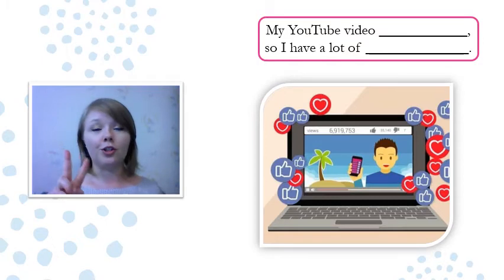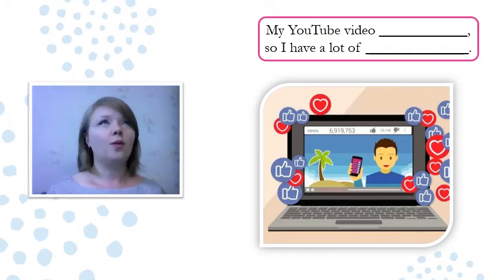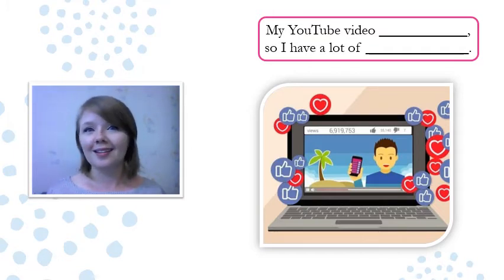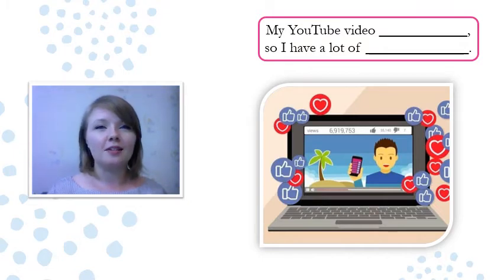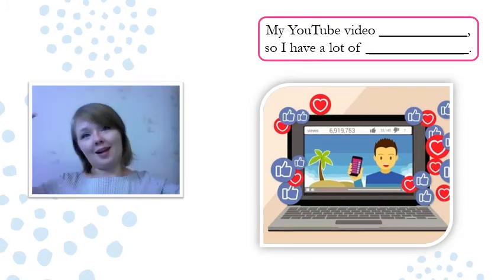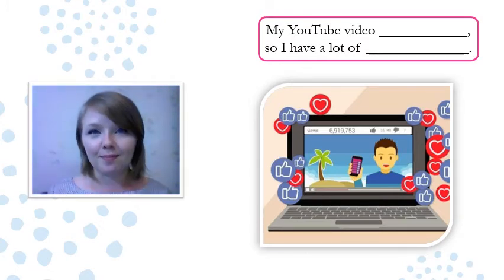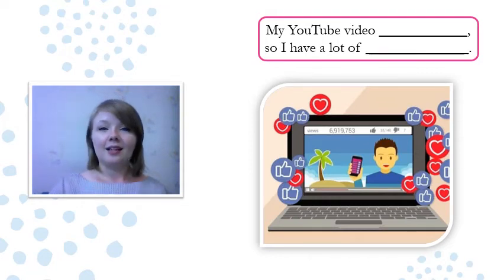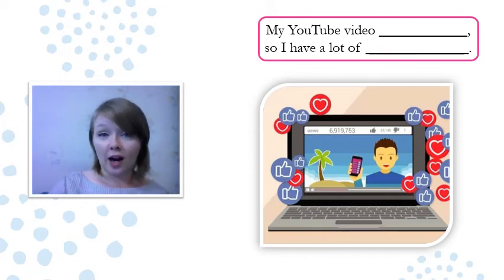Here we're going to use 2 of our terms. My YouTube video blank, so I have a lot of blank. The first term we're going to use is, what do we call it when a YouTube video goes from 0 views to many, many, many in a short time? There we would use go viral, right?